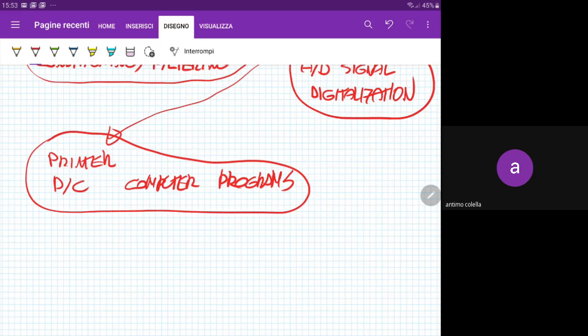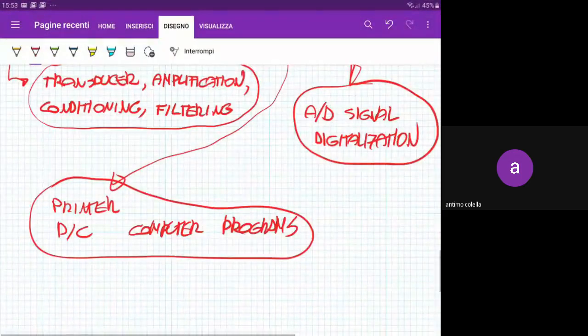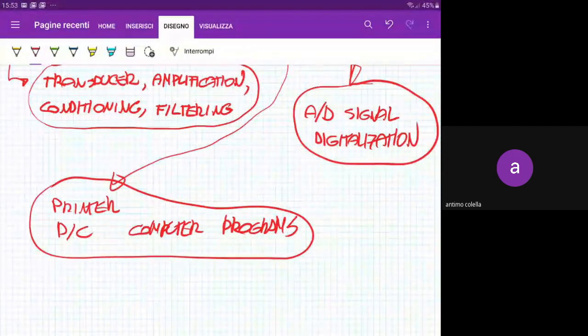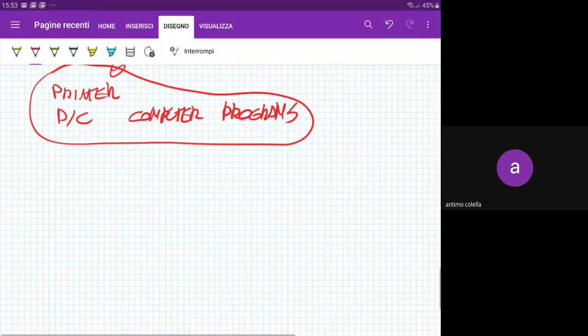Now, just a question about the AD. Okay, so the digitalization of your system, and that's because we have many configurations.